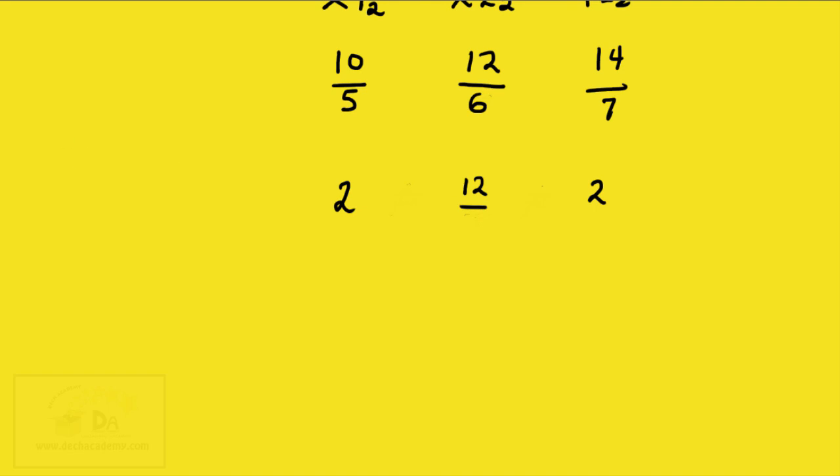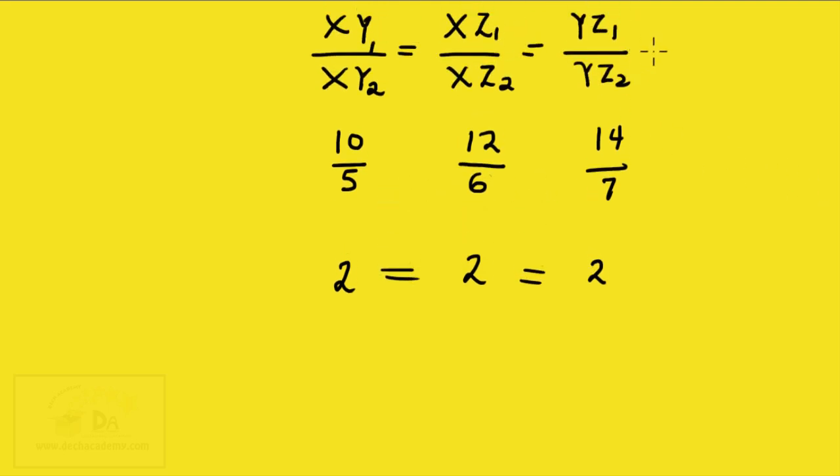Now 12 divided by 6 is 2, so we can say that this condition is satisfied. 10 over 5 is 2, 12 over 6 is 2, 14 over 7 is 2.